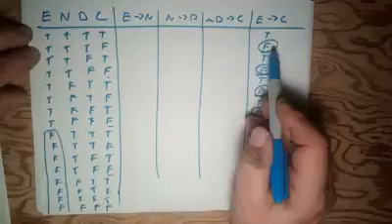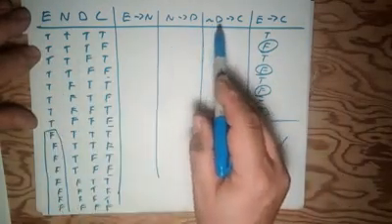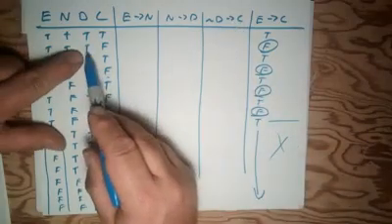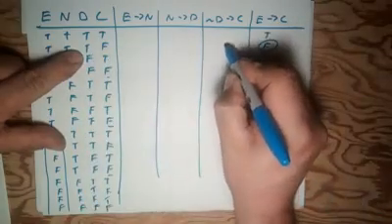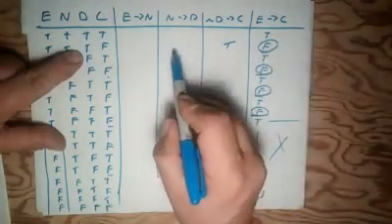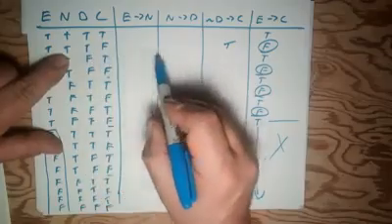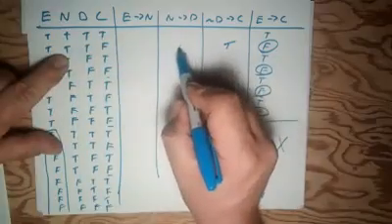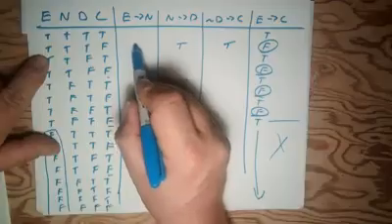On row 2, not D, then C. D is true, so not D will be false, and so that result is true. N, then D. True, then true is true. E, then N. True, then true is true.